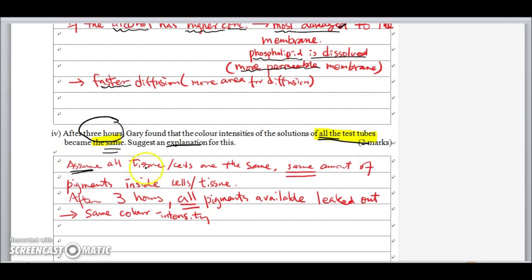If we assume that all the beetroot tissue is the same, then they should have the same amount of pigment. If they have the same amount of pigment, after a long time, 3 hours, all of the pigment available inside will leak out to the solution. So they have the same color intensity in the end.